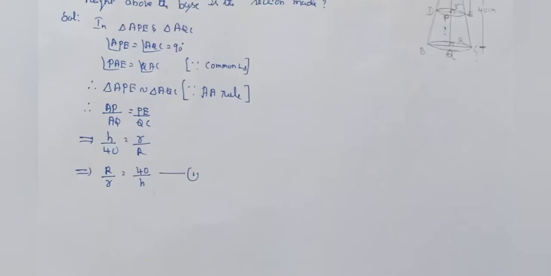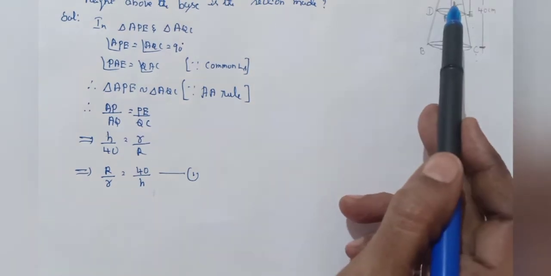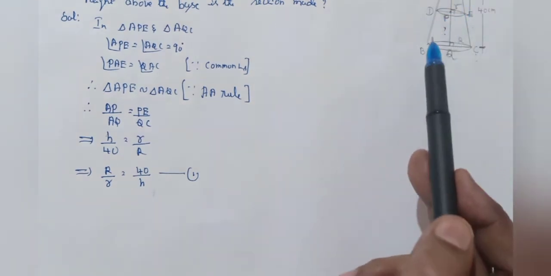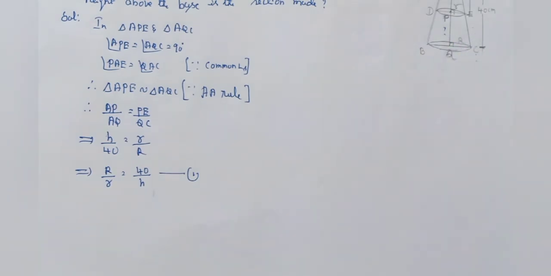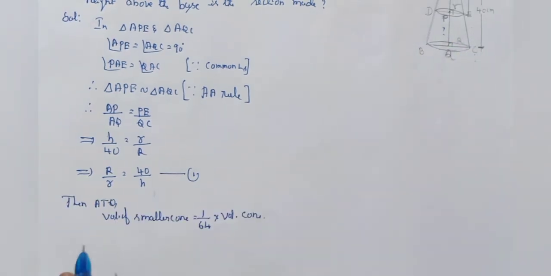Then according to the question, the volume of the smaller cone is 1/64 of the volume of the cone ABC. The volume of the smaller cone is 1/3 pi r square h, and the volume of the whole cone is 1/3 pi capital R square into capital H. Here we can cancel pi by 3.